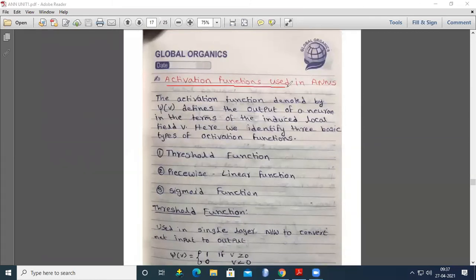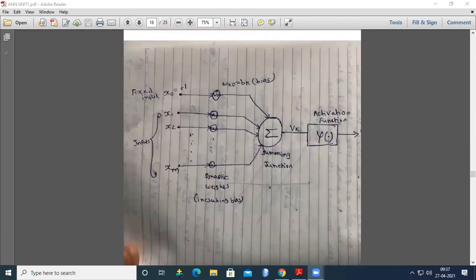So, activation functions used in ANN. Here in the ANN model, we are using activation functions.